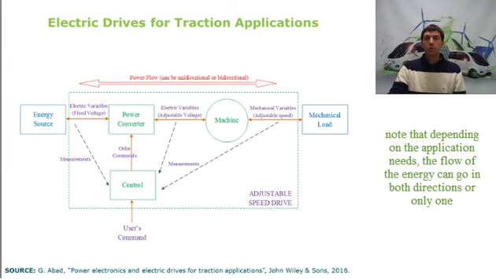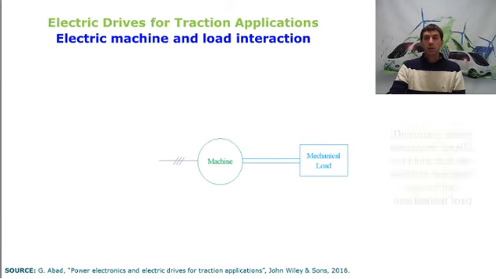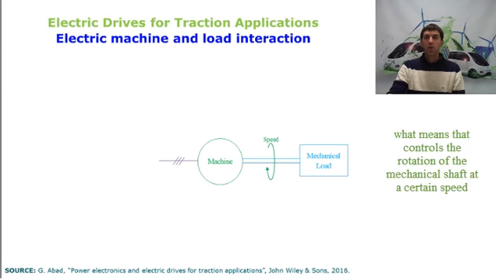Note that depending on the application needs, the flow of the energy can go in both directions or only one. However, in general, in each application there is only one dominant direction for power flow. Therefore, going into more detail, we know that the electric machine moves the mechanical load, which means controlling the rotation of the mechanical shaft at a certain speed.